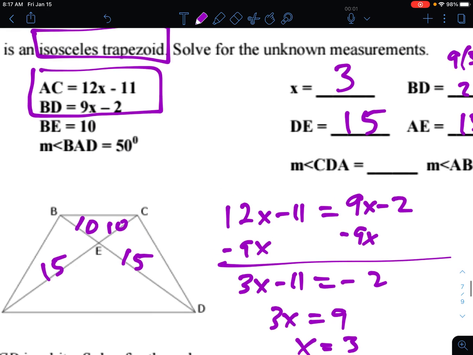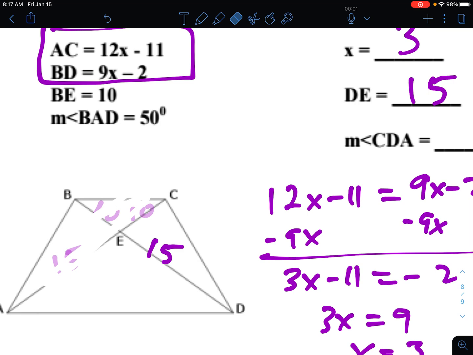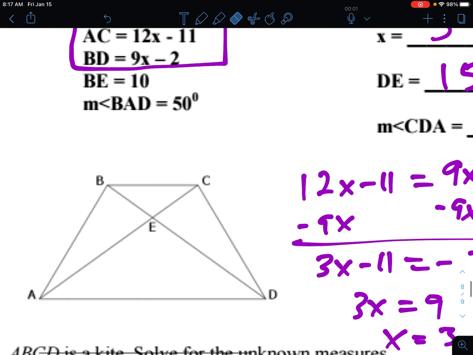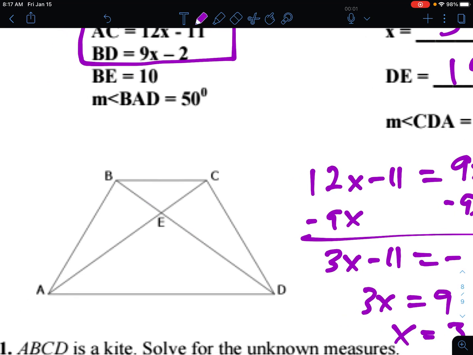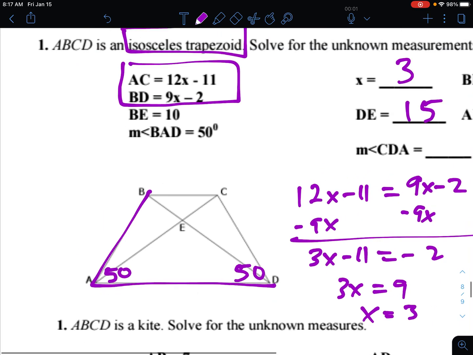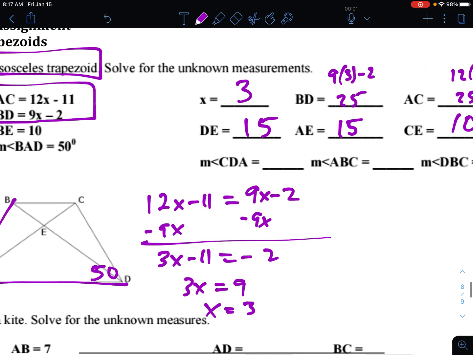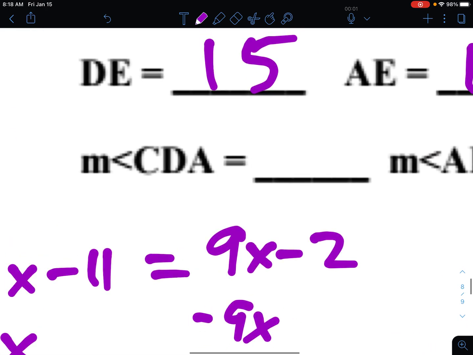And then now we work with the angles. We've got angle BAD, which is 50. If it's isosceles, base angles are congruent, so this is 50. And that's CDA, or ADC. CDA is 50.